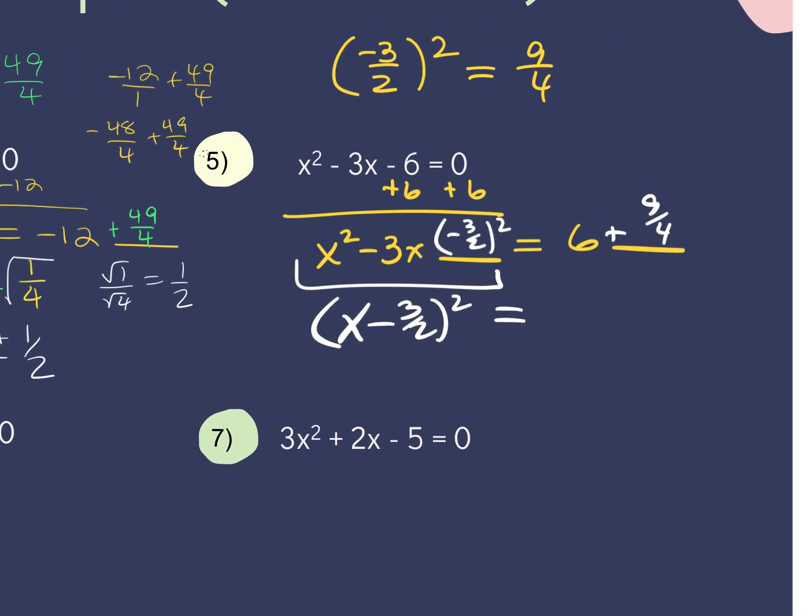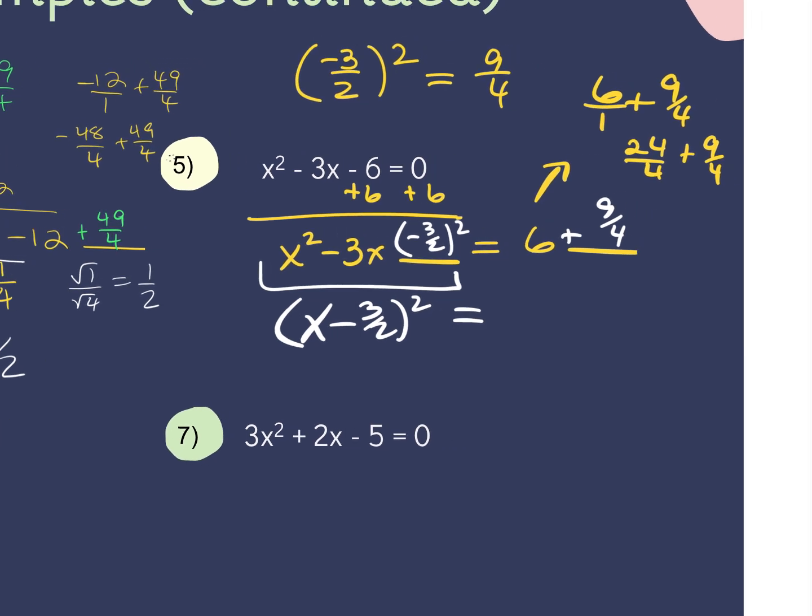I need to find a common denominator here. So 6 over 1 plus 9 over 4. Again, I'm going to multiply the numerator and the denominator by a 4, make this 24 over 4. And then now I can add 24 plus 9, and I get 33 over 4. Square root both sides.